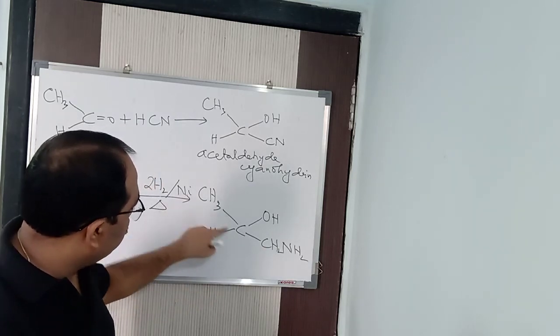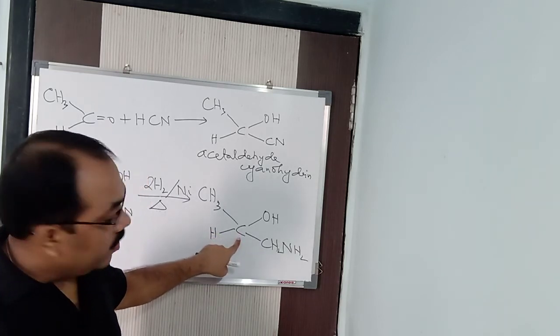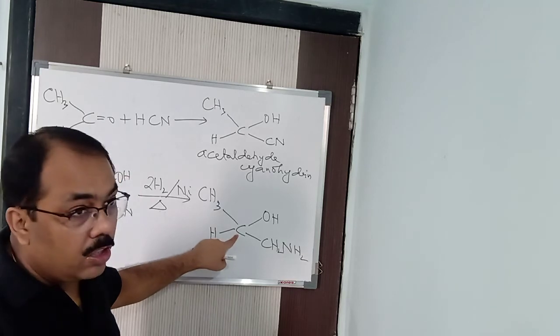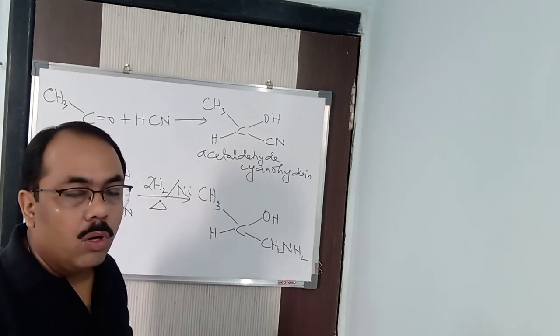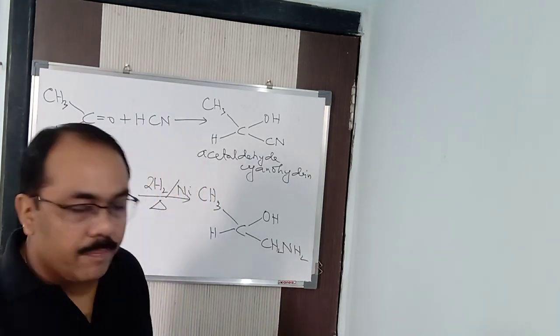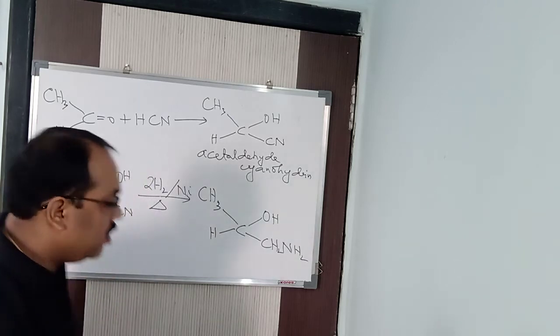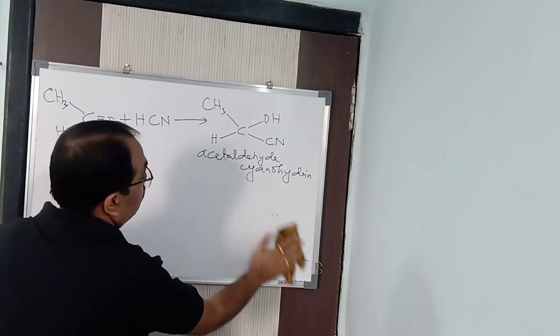Because if you start from here also, it is the second carbon. So it is nothing but 1-amino propan-2-ol. See, first position amino, 1-amino propan-2-ol. Clear? In this way we can name the particular compound. Fine. So this we got with acetaldehyde cyanohydrin, the reactions which you got.